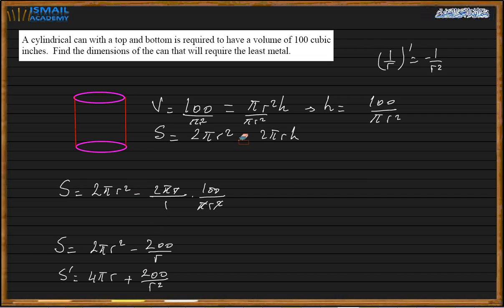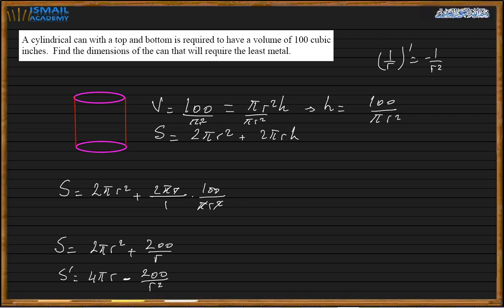I wrote minus here. Why? This is not good. Here it's positive, so that means I will have positive here. When I take the derivative, it becomes negative. You see, I just messed up the sign and everything would be totally wrong. So it was positive here, so I need to keep it positive. And when I do the derivative, it becomes minus 1 over r squared. So we'll end up having minus 200 over r squared.